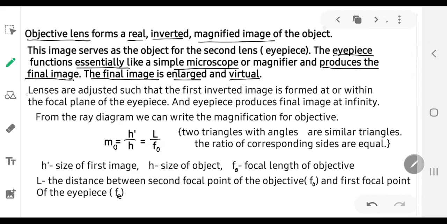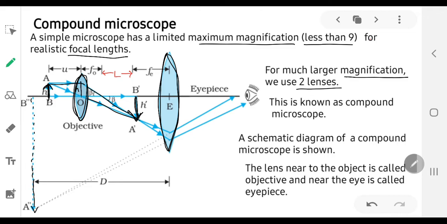Now how to use this compound microscope? The lenses are adjusted such that the first inverted image is formed at or within the focal plane. Why should it be at or within the focal plane of the second lens?